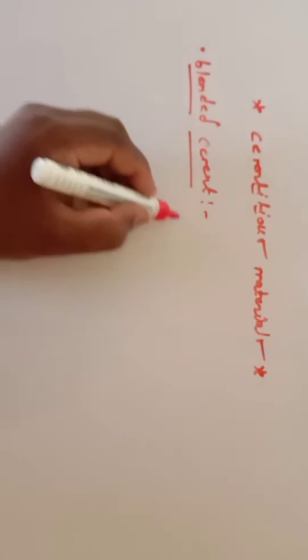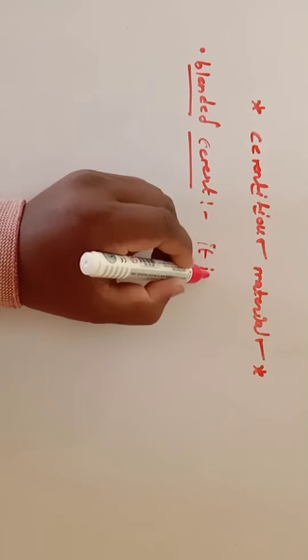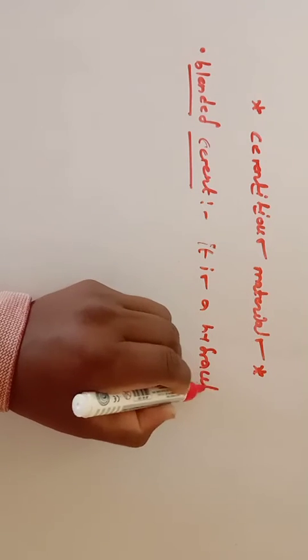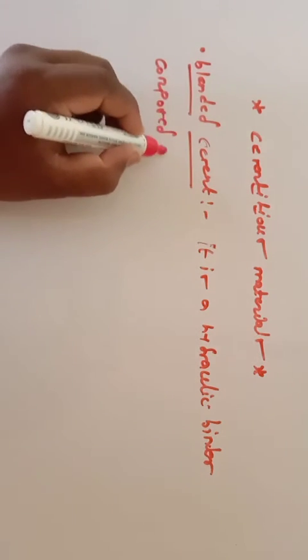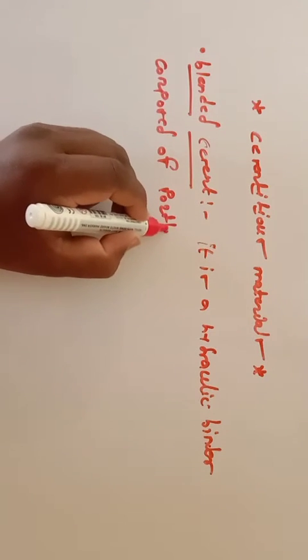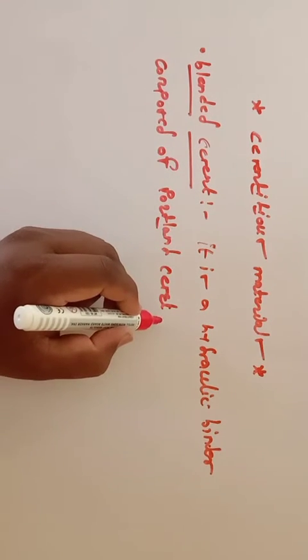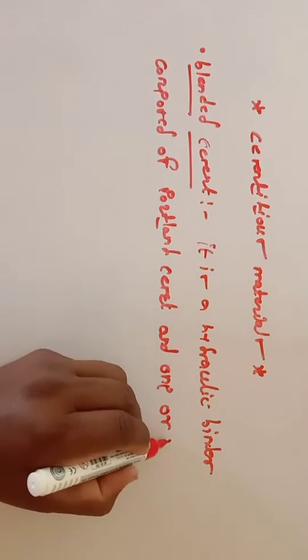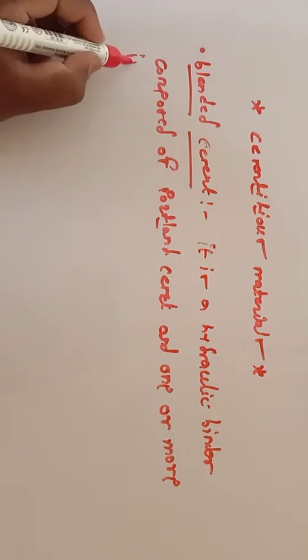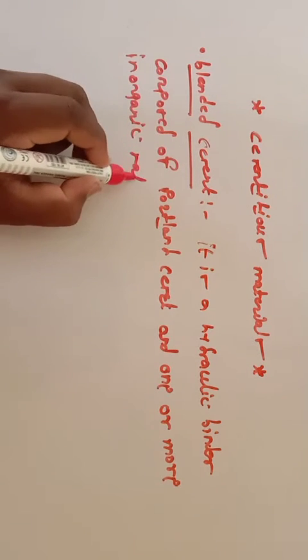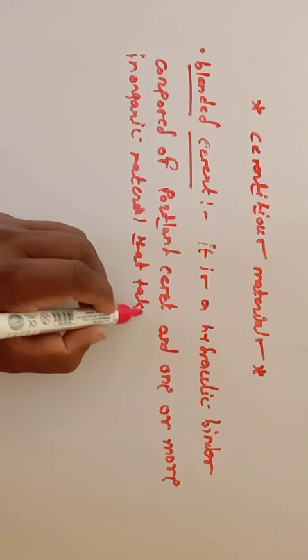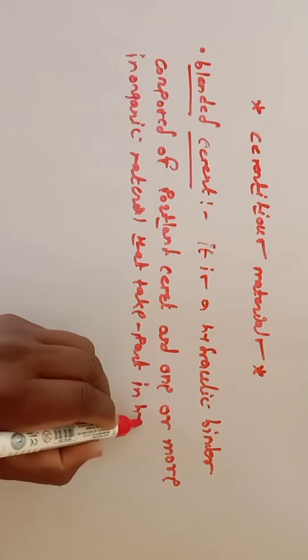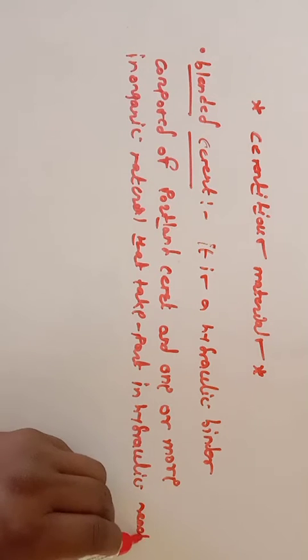Blended cement is defined as a hydraulic binder composed of Portland cement and one or more inorganic materials that take part in the hydraulic reaction.